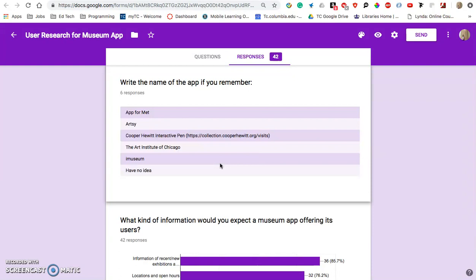I kind of want to do a comparative analysis after this user testing, to know what kind of information I should and should not include in my app.